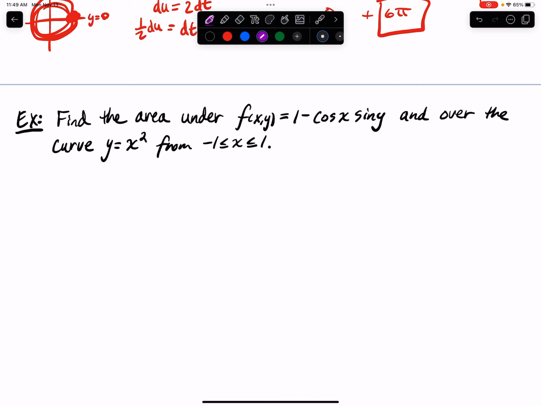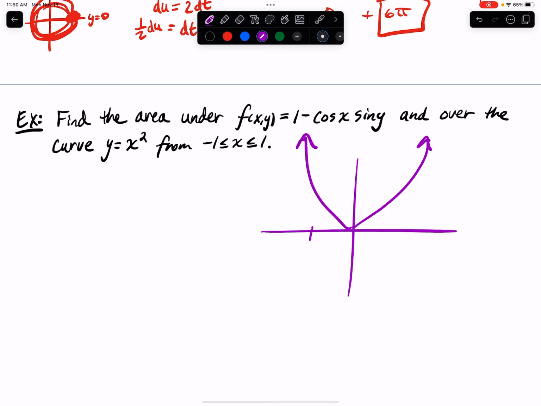So my curve C is in the xy plane, y equals x squared. But it's not the whole parabola, okay? It's only from -1 to +1. So we're stopping. We're only getting this portion of the curve.